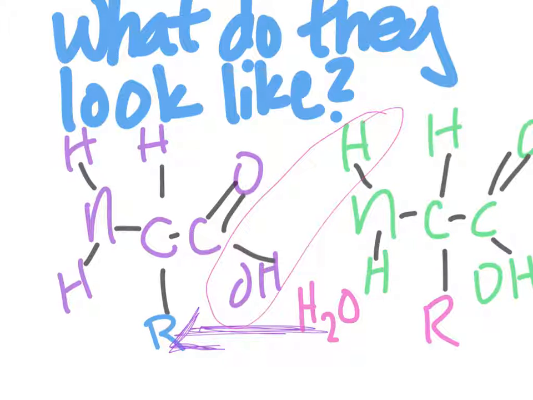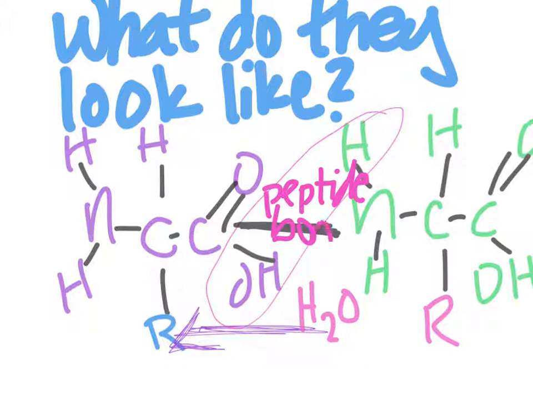And this is why it's called dehydration, because we're taking away the water. And when we do that, we create our 1 bond. And for proteins, we call this bond a peptide bond. And that is how you combine 2 molecules together in proteins.